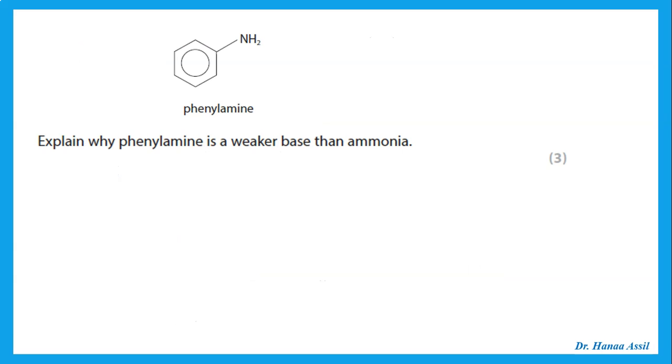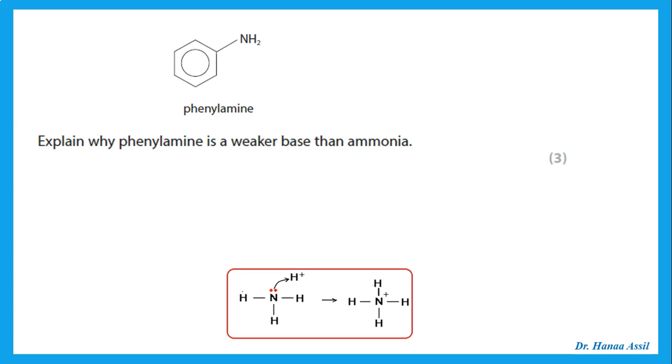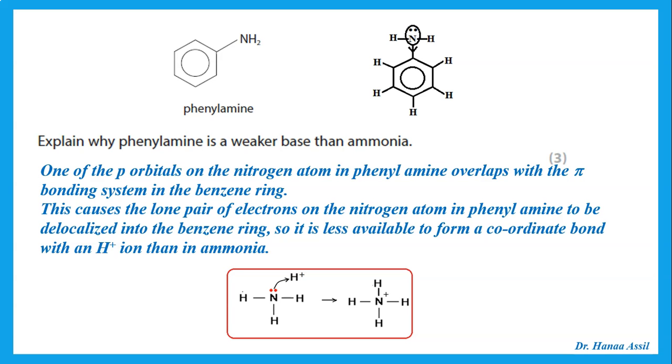If we have a question like this, explain why phenylamine is a weaker base than ammonia. In ammonia, the lone pair of electrons is available to make a dative bond with the H+, but in phenylamine, one of the p orbitals on the nitrogen atom overlaps with the pi bonding system in the benzene ring.